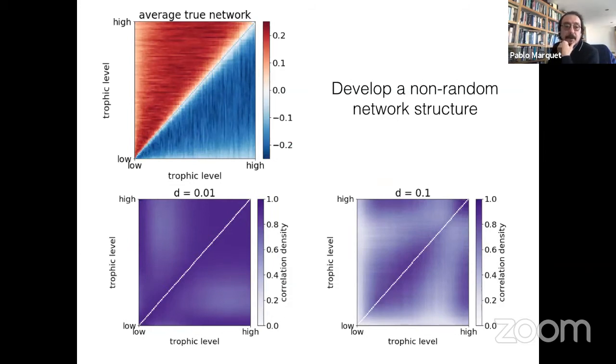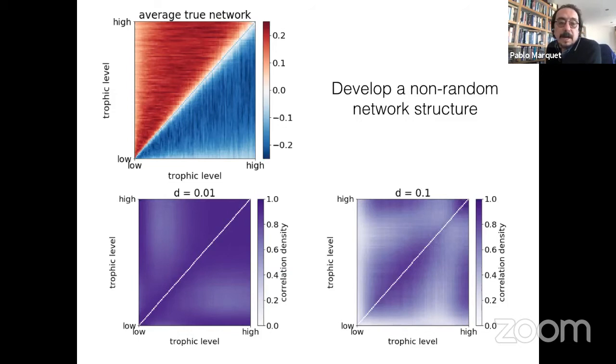You see that for D equal to 0.01, you actually get something very random. And when you start increasing the interaction strength, you actually start seeing some structure.